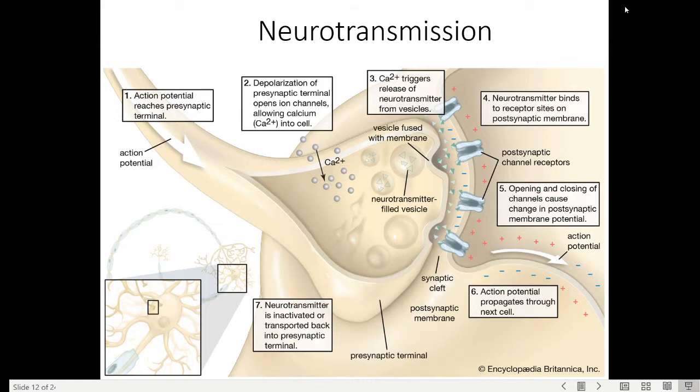If calcium is higher in the presynaptic cell, it activates the vesicles more, producing more signals. So the action potential of the postsynaptic cell is also high. It is correlated with the neurotransmitters.